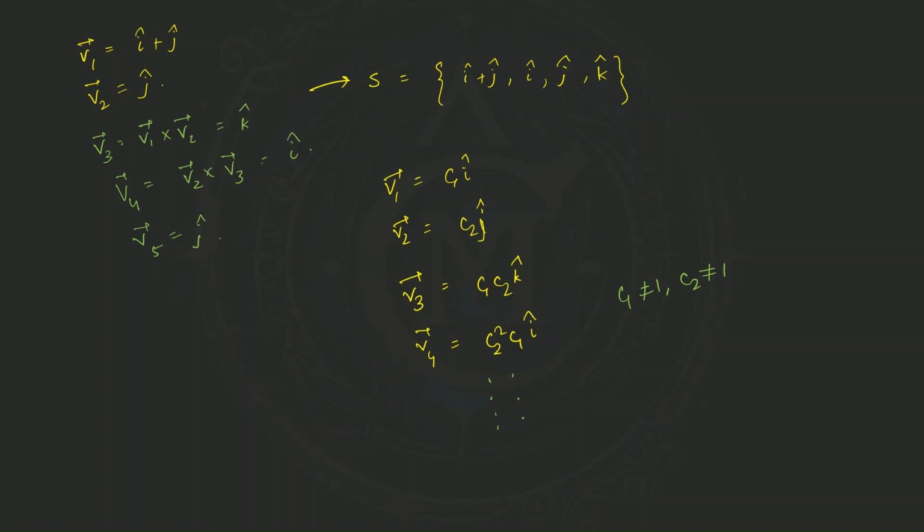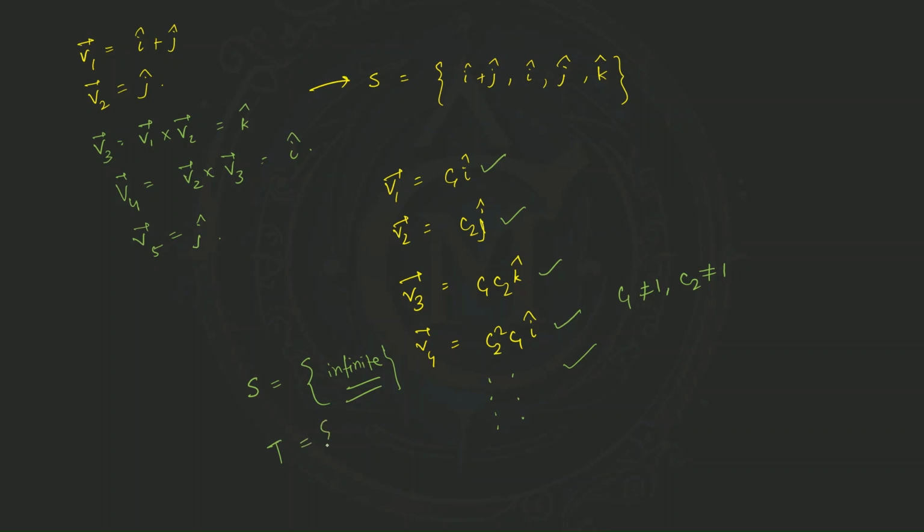So as the magnitudes of the vectors are different, the vectors themselves are different. That means the set S, which contains all these vectors v1, v2, v3 up to vn, will be an infinite set, right? But think about the directions of these vectors. The directions are here i, then j, then k, and then again it is repeating over this cycle of 3. So again i, j, then k, then again i, j, k, and so on, right?